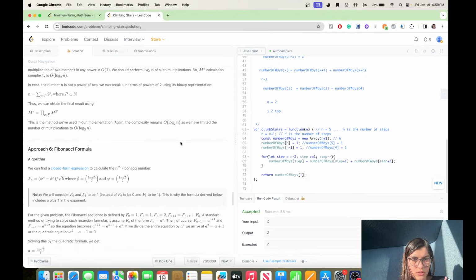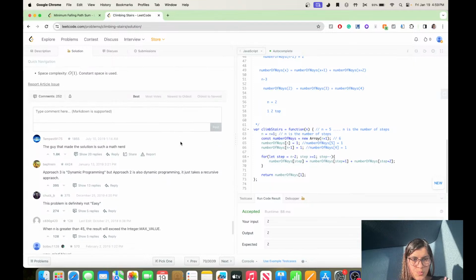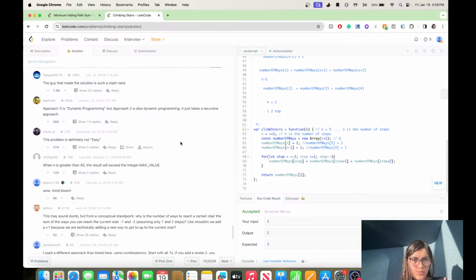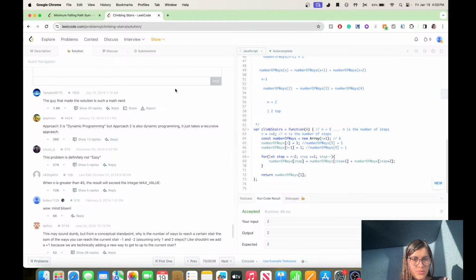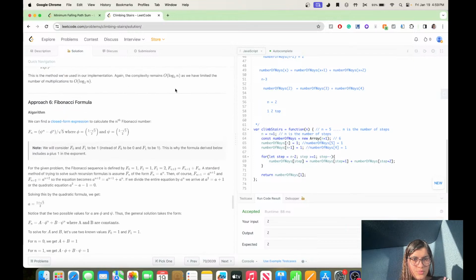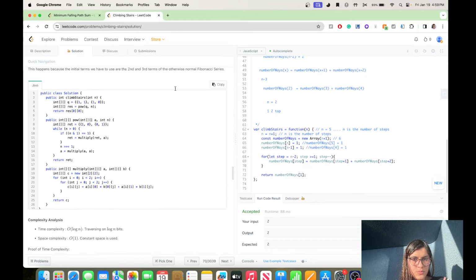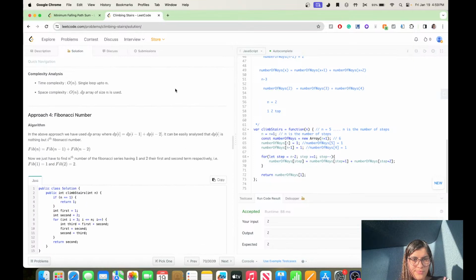There are so many other methods, but I will not look at the other methods. That is true though. Math.